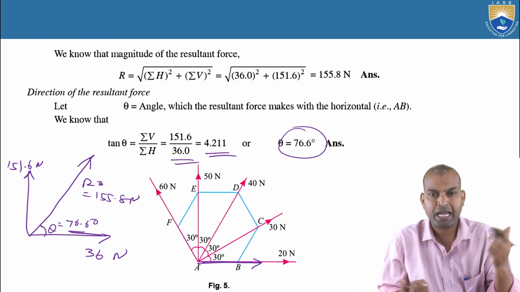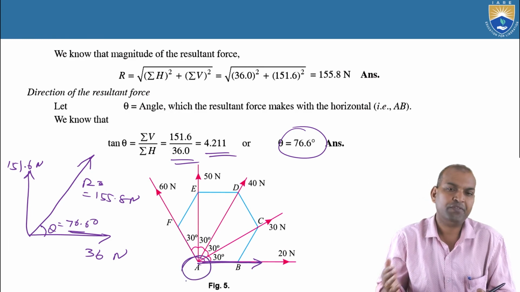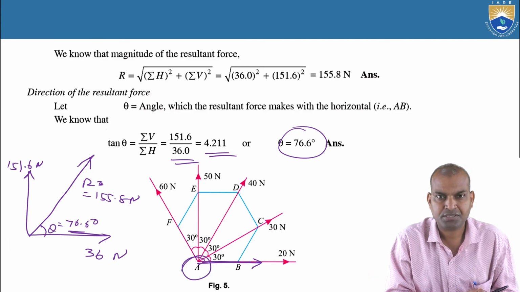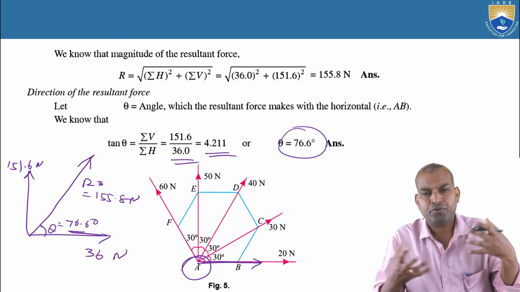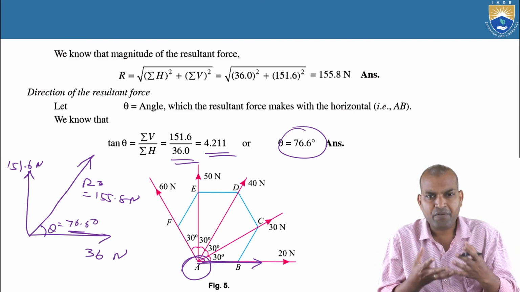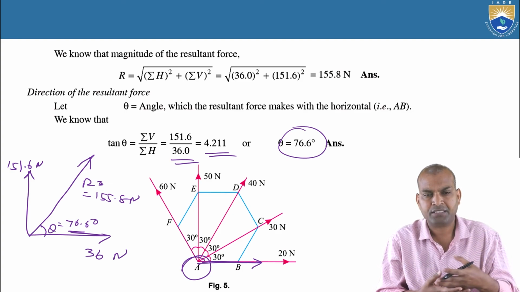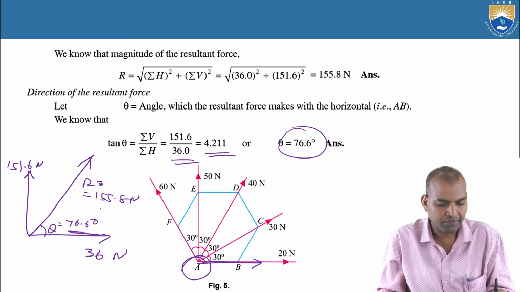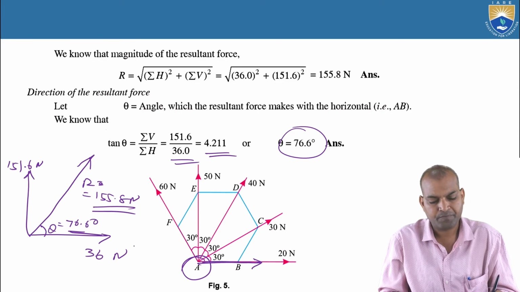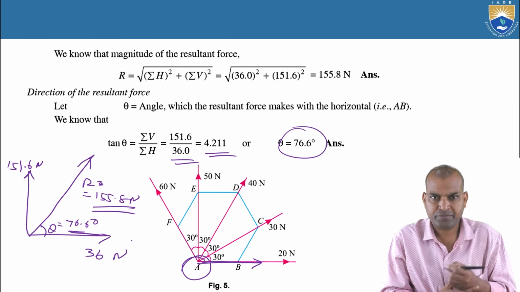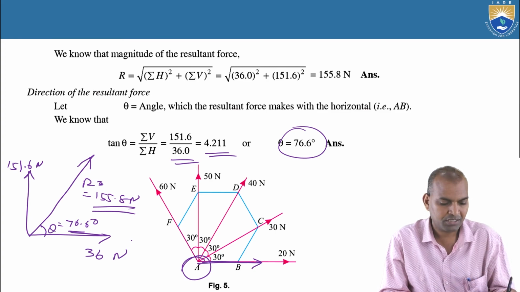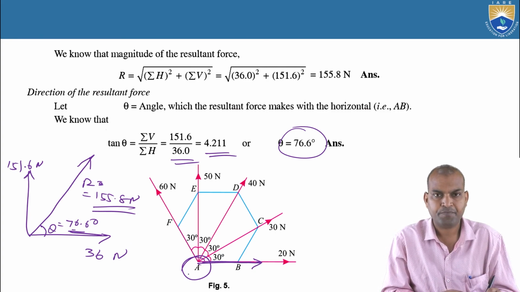There are various forces acting on a particle A with different angles, in different directions. The cumulative effect of all these forces has the value 155.8 newtons, and the direction of the effect is 76.6 degrees.